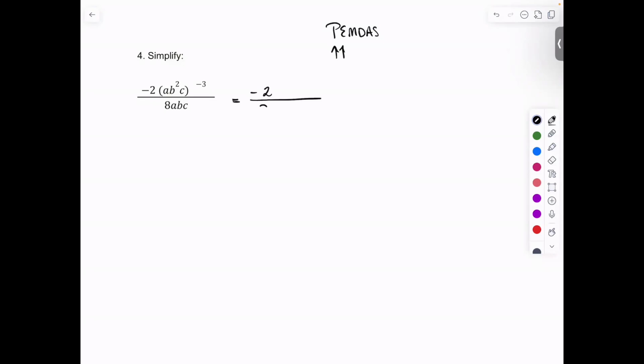And I like to keep the coefficients. Yes, eventually we'll reduce the 2 and the 8, but I'd like to tackle that all at once. So we have ABC on top, ABC on the bottom. I'll go ahead and apply that -3 exponent on the top. And again, it only applies to the ABC on top, of course. And remember, when we have an exponent to an exponent, we're simply multiplying those exponents together to get a new exponent.